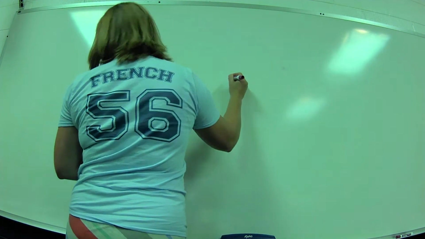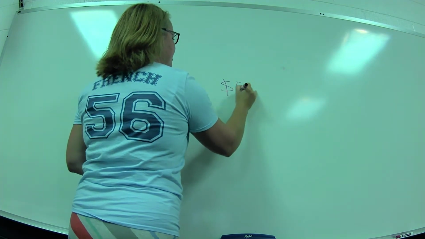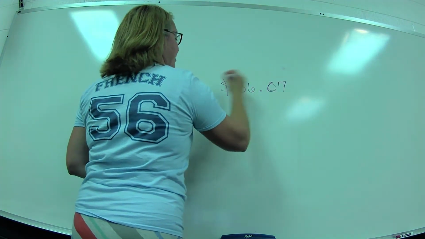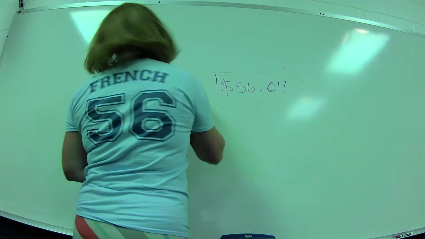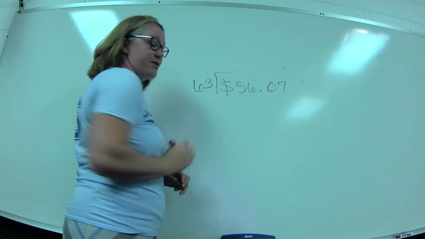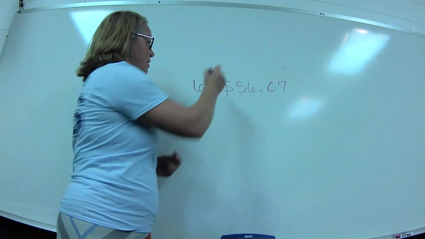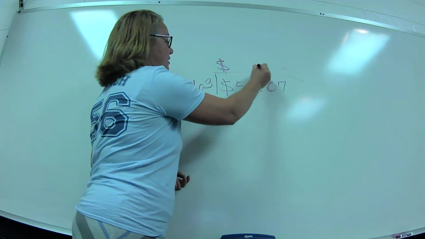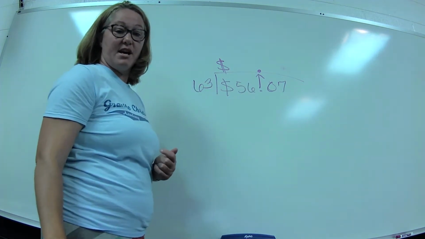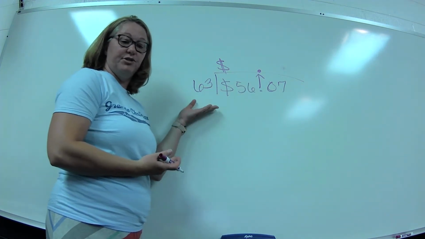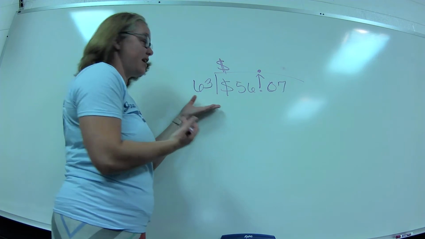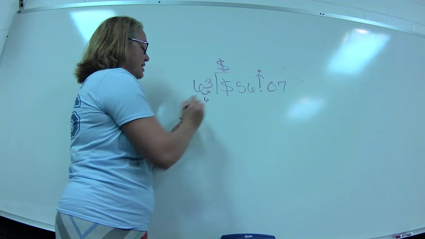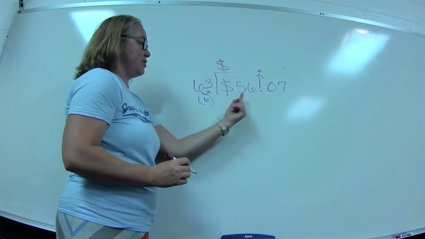All right, let's say we have 56.07. So now we have money, and let's divide that by 63. All right, so this is money, so let's go ahead and bring the dollar sign up, and let's bring the decimal straight up. Now we have two-digit divisors. So let's look over here. This is like a 6 if we're rounding. 6 can go into 56.